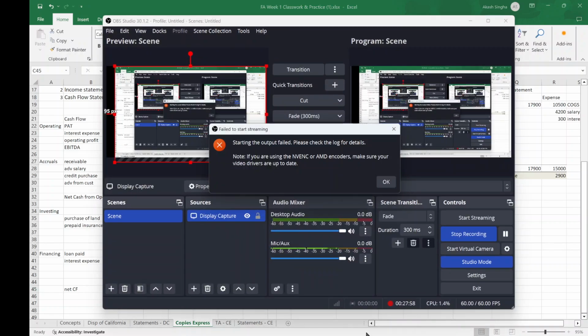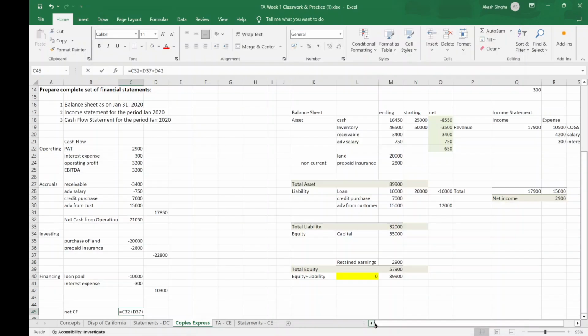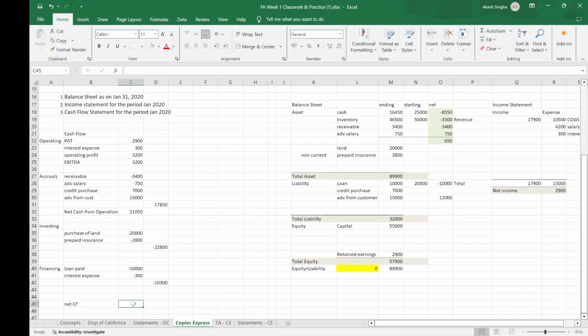Let me check once. So let's check where we have gone wrong. I'm adding this 3. We are getting around 12,050, but it should be 8550.